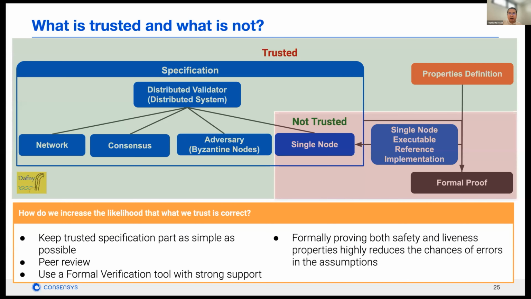So by proving liveness, something would eventually happen. So it means that every honest node can eventually publish an attestation. So by proving liveness, we can avoid unexpected scenarios.